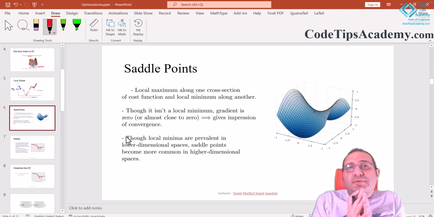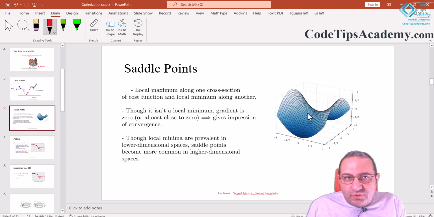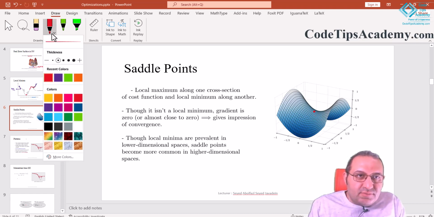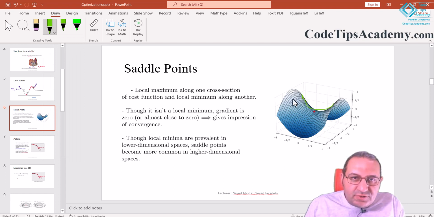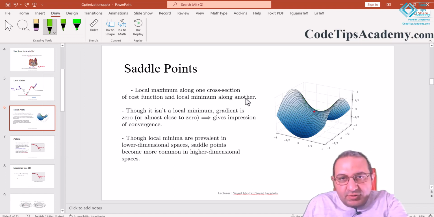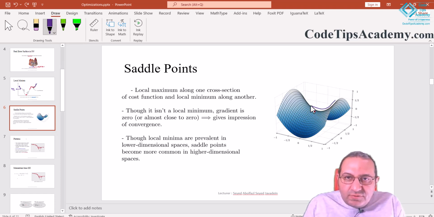In addition, we sometimes have saddle points in the loss function. Saddle points are points like this. This is a saddle point. It is a minimum for this curve here, but a maximum for this other curve. It means that from one view, this point is a minimum, and from another view it is a maximum.